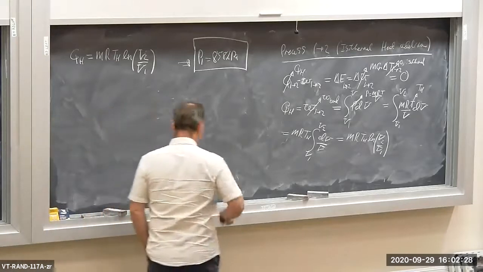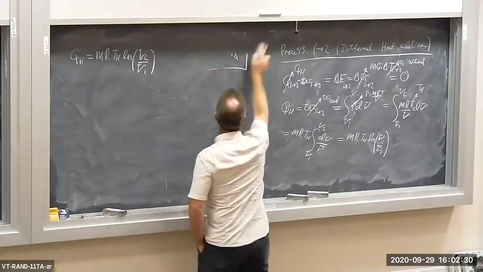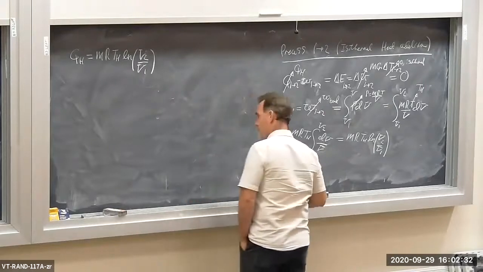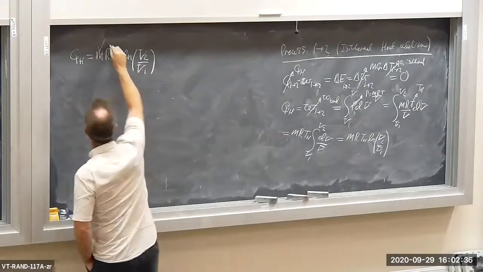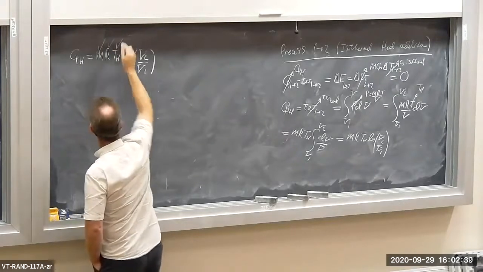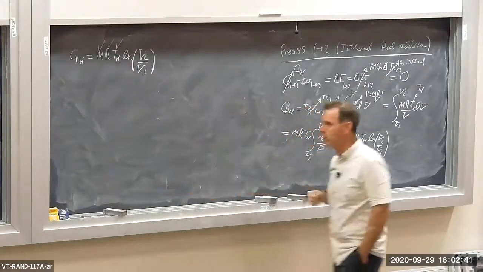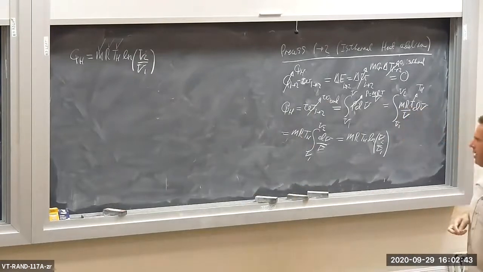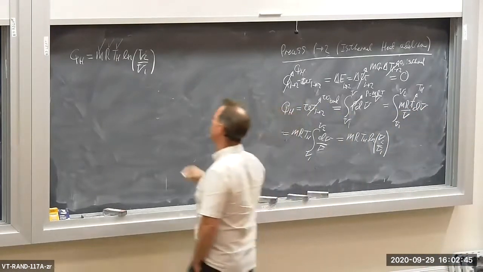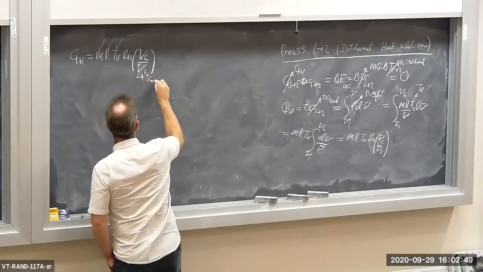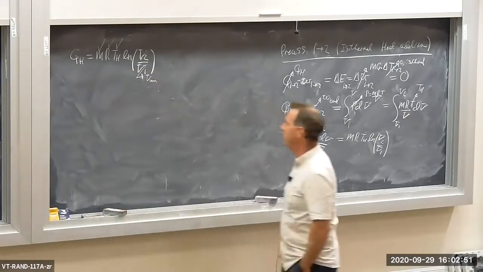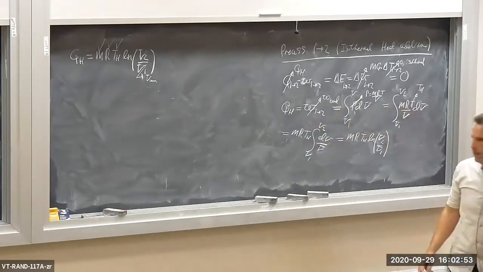Now let's take a look at this and see what we got, what we need to get and what we already know. Let's see, I know the mass of the air. Of course, I know the gas constant for air. I know the high temperature reservoir temperature, TH. V1, in this case, is V min. But I don't know V2.